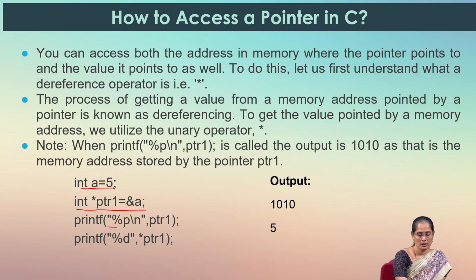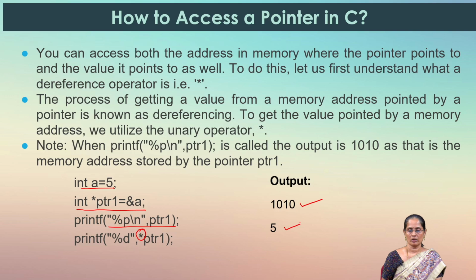Now, we display the value of ptr1, which is actually the address. So, the address 1010 is displayed, and we want to refer to the value which is stored in that location. For that we are again supposed to use the dereferencing operator asterisk. So, this refers to the value which is stored in the particular memory location. So, 1010 is a memory location, 5 is the value stored in that location.